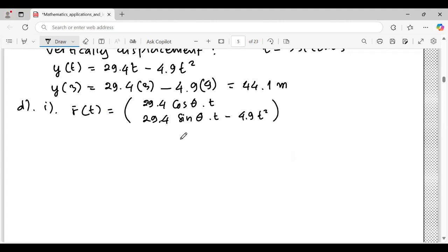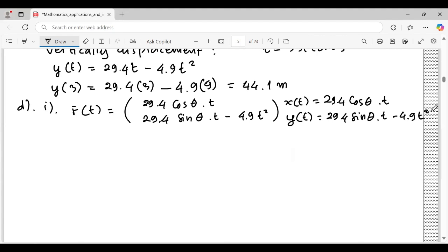So the function x(t) is 29.4 cosine theta times t, and y(t) is 29.4 sine theta times t minus 4.9 t squared.